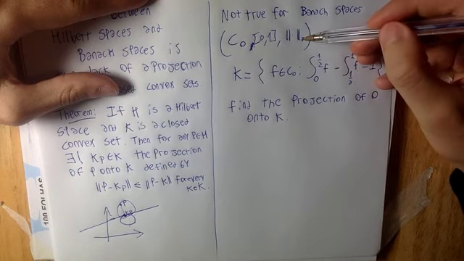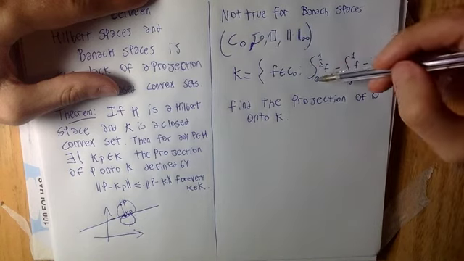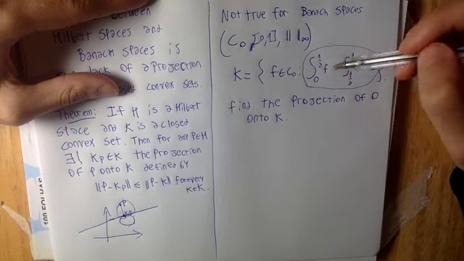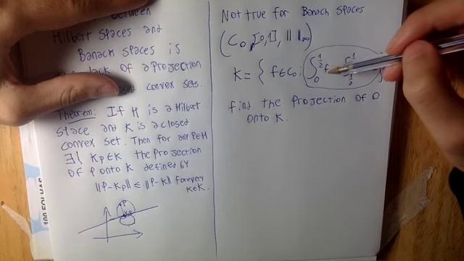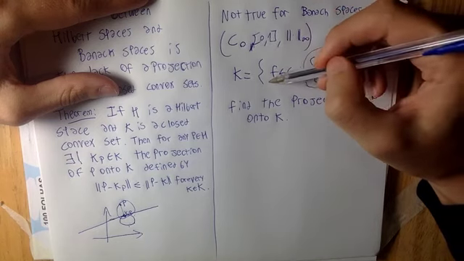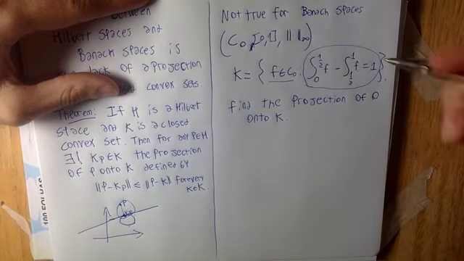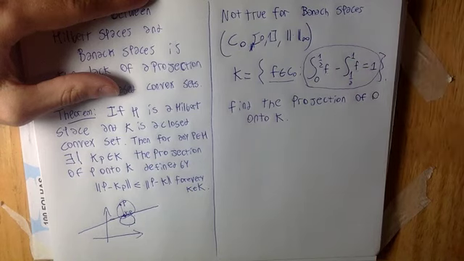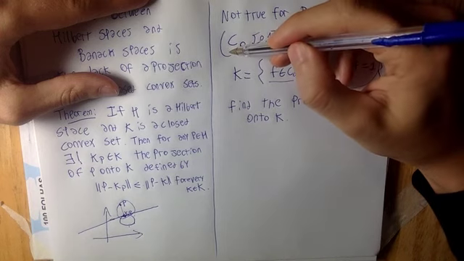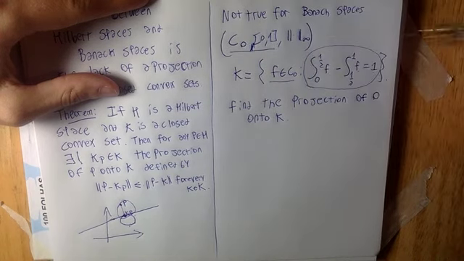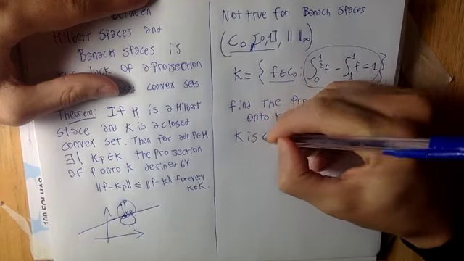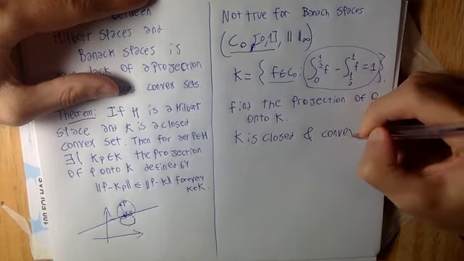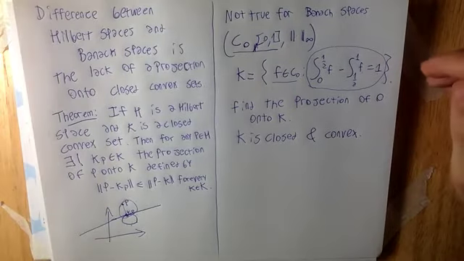If you have the uniform topology on continuous functions and this functional, which takes a function in C0 and gives you back a number, then K is a closed convex set of C0 of 0, 1. You can check that, but it is fairly easy to see.